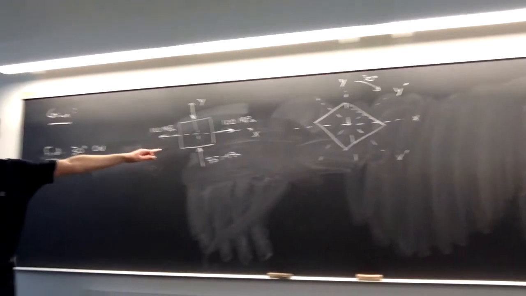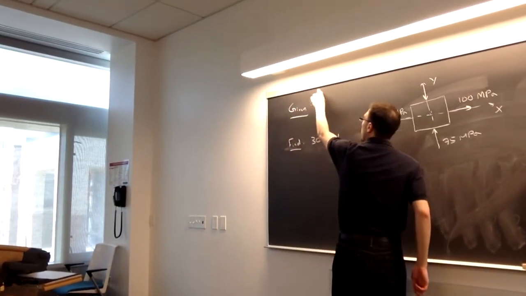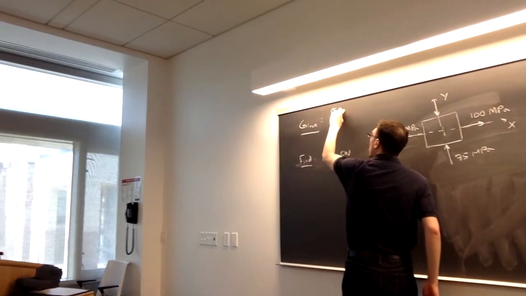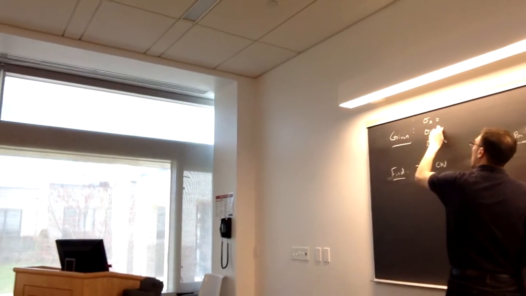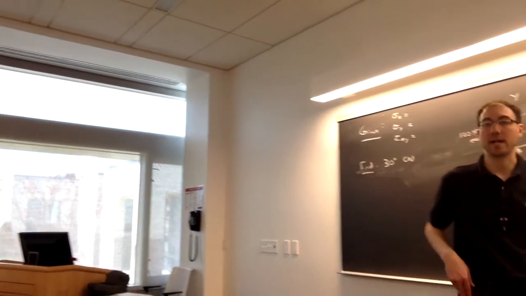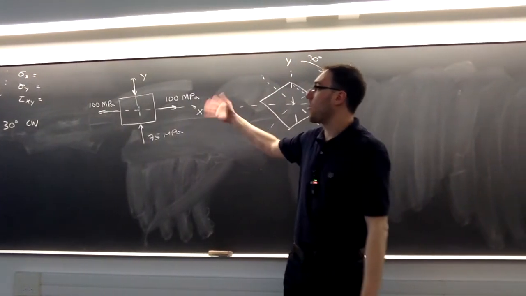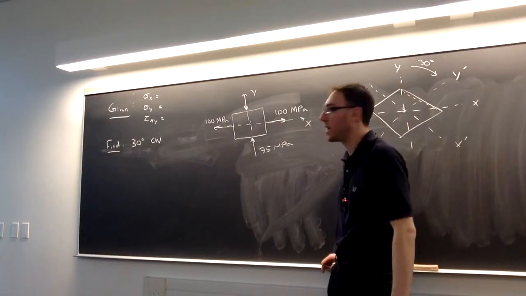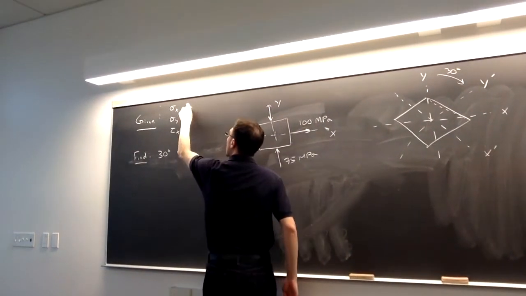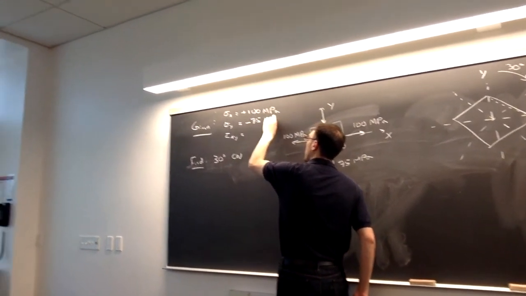So we can take our original stress state. I'll include this in the givens. We want to see originally what are the normal stresses and the shear stress with the correct sign on them. All right, so from here, what is our value of sigma x? Originally a tensile stress, 100 megapascals. Sigma y is compressive, so a negative 75 megapascals.